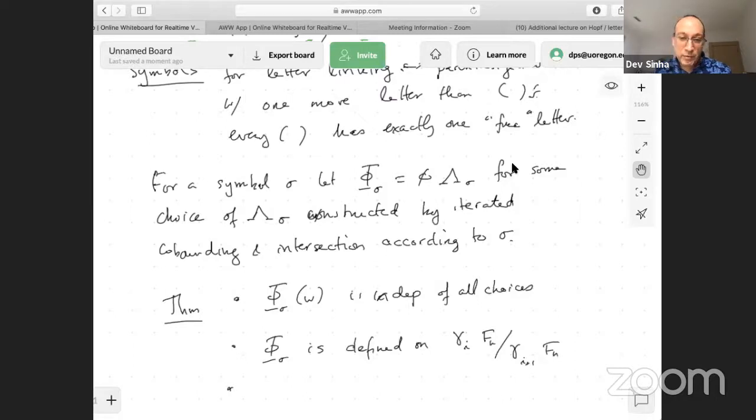So there's a few statements here. First of all, let sigma have depth n in parentheses.